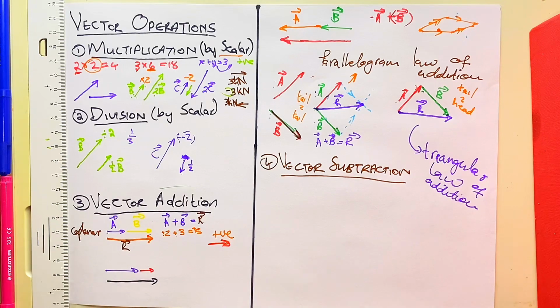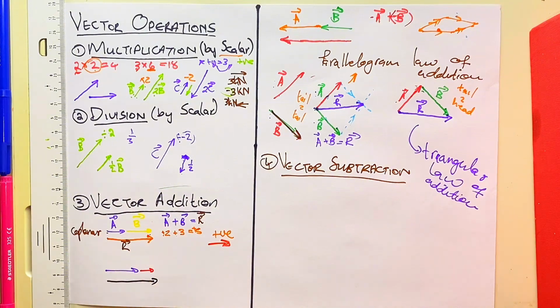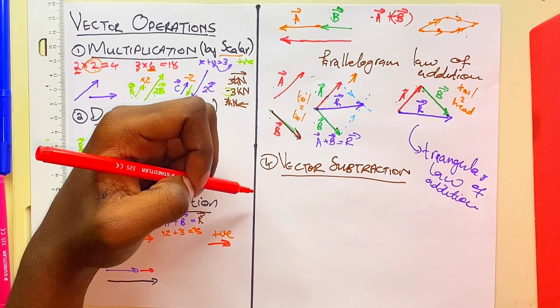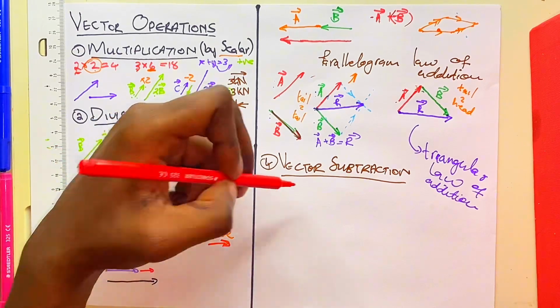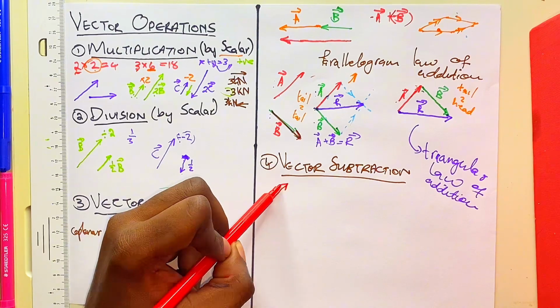Now, with vector subtraction, you have to pay attention because there's a little trick here that might throw you off, and then it might affect how you subtract your vectors. Now, let's say we have vector A still in the same direction.